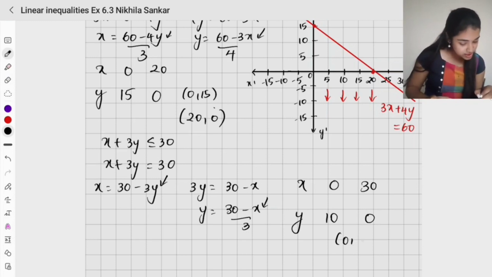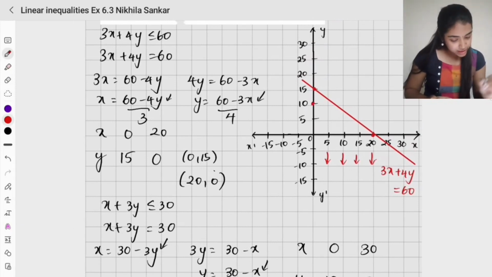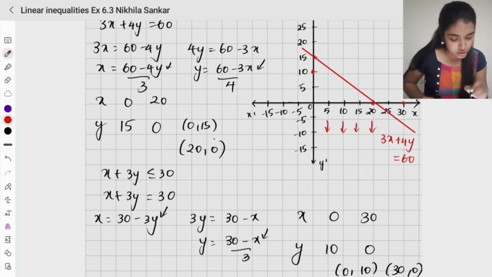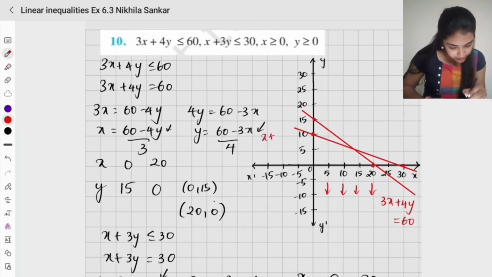So இப்போ இதை plot பண்ணா (0, 10) and (30, 0). So (0, 10) எங்க இருக்கு? This is (0, 10) and this is going to be (30, 0). So இது ரெண்டுத்தையும் join பண்ணா I'll have the equation of the line. So this is going to be x plus 3y equals 30 oda line.